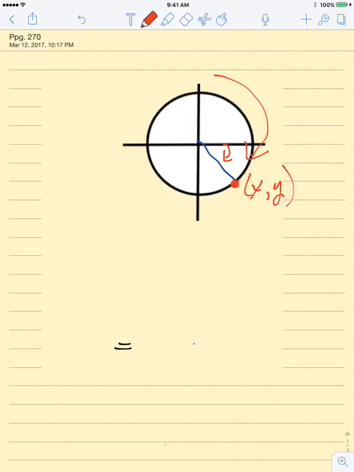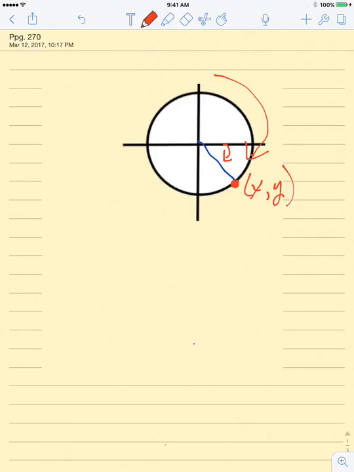So negative pi over 6, the x-axis is still 0, and negative pi over 6 is right over here. Okay, let me just erase that. Negative pi over 6, well, again, it's in the pi over 6 family. If you know pi over 6, you know everything in the pi over 6 family, the positive and the negatives.